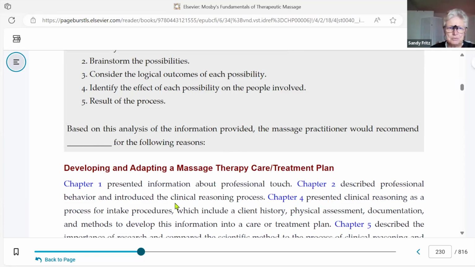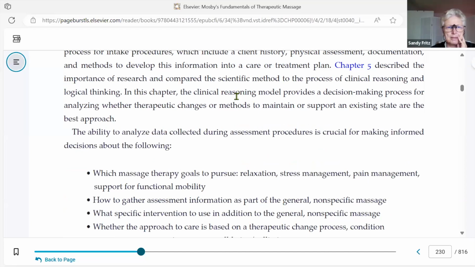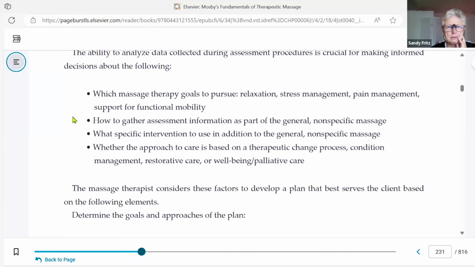So chapter 1, chapter 2, chapter 4, all of these have led you up to this idea of developing and adapting a massage care treatment plan. There's a lot of self-reflection, a lot of going back and forth. Sometimes it's helpful to talk to a peer about this. This is where you start to transition, because you're also learning to do massage techniques while you're studying this content.